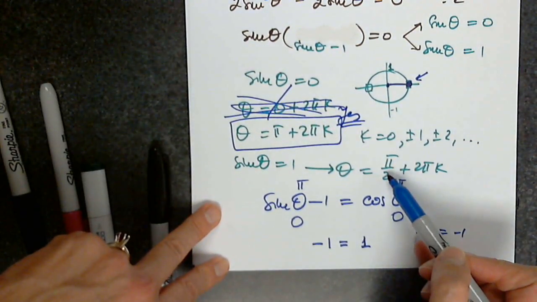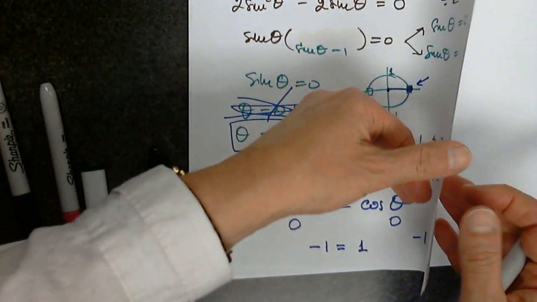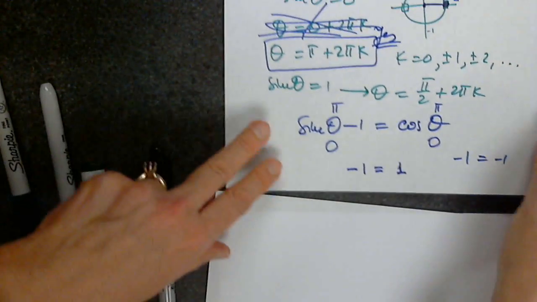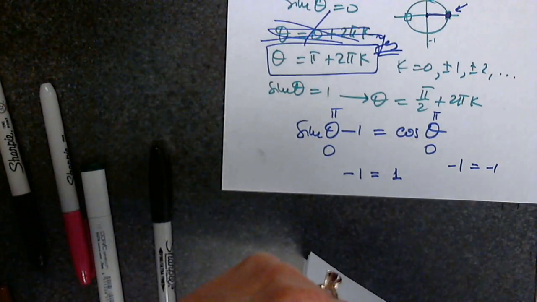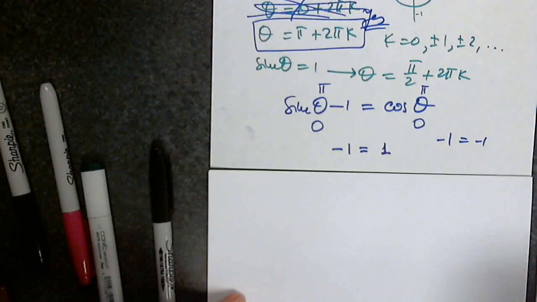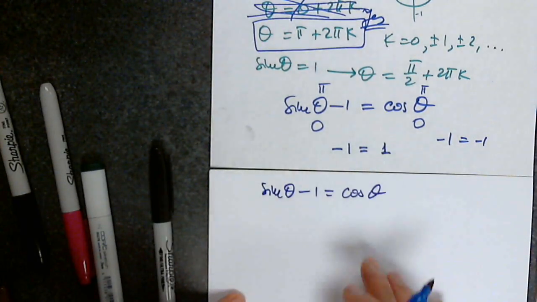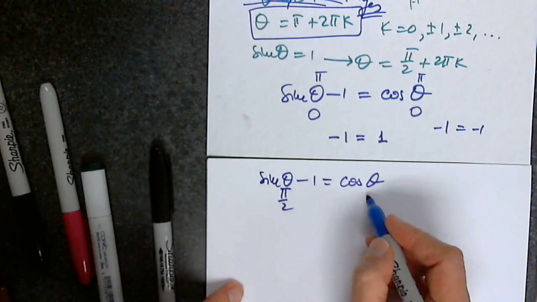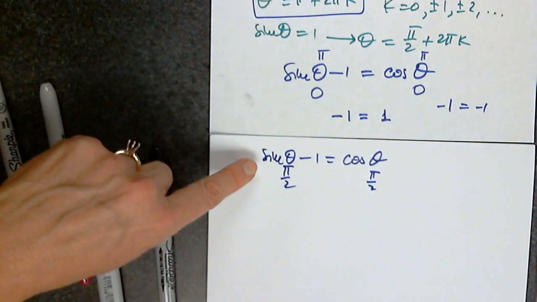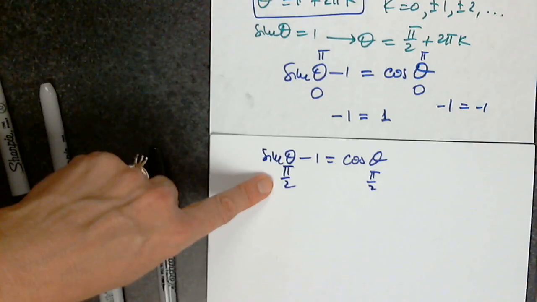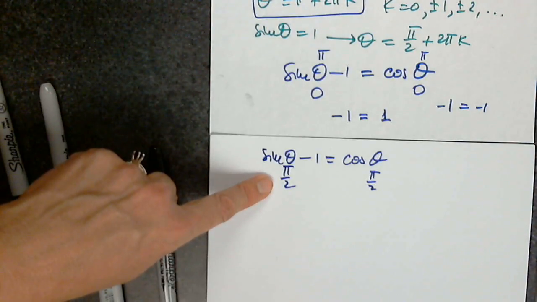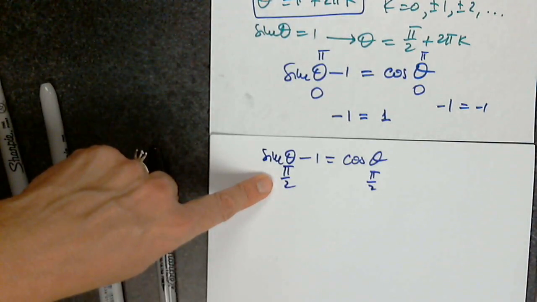Last one, I have to check pi over 2. One more time, the equation is sine theta minus 1 equals cosine theta. So now pi over 2. Sine is measured on the y-axis. How much is sine here? 1.